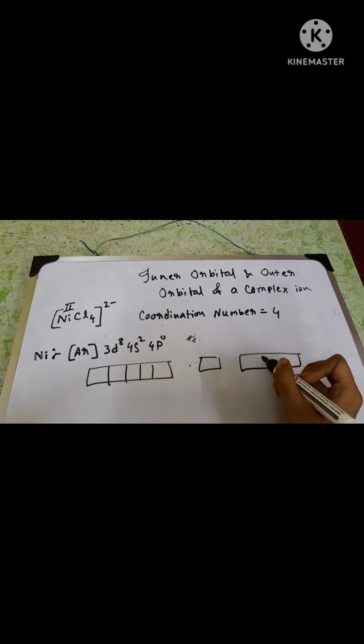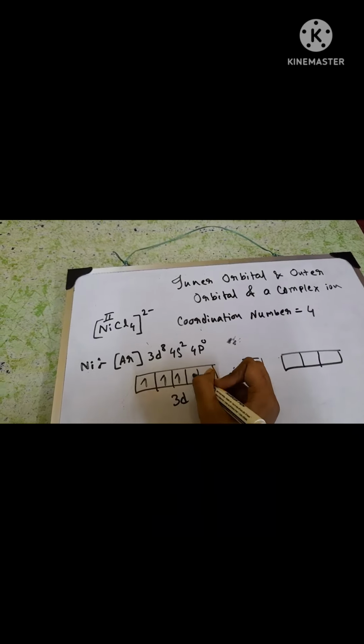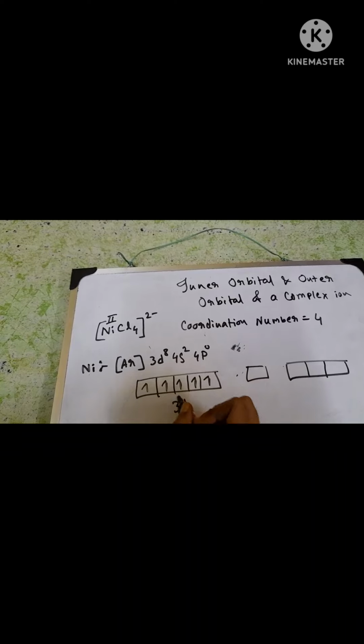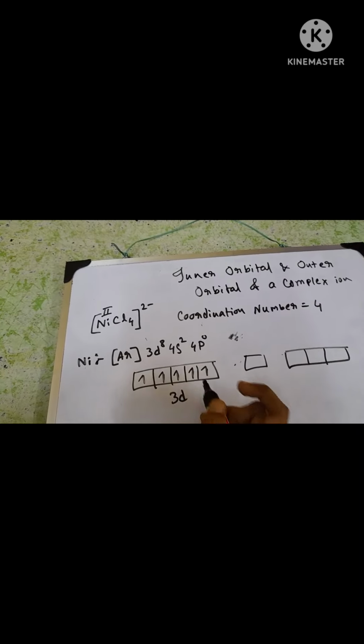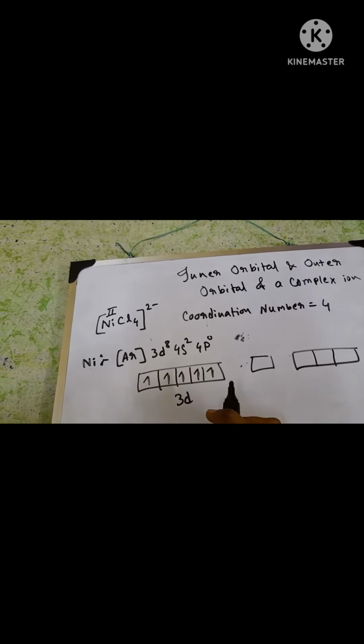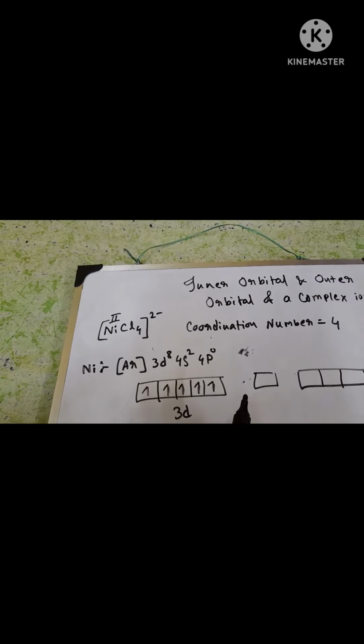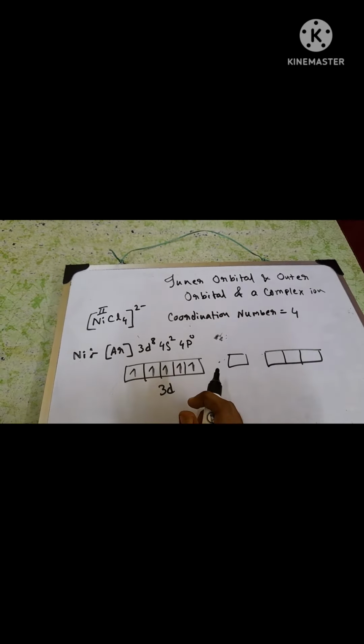Now I am writing the orbital structure. There are 8 electrons present in the 3d orbital of nickel, so first I am writing 8 electrons here. The d subshell contains 5 orbitals. Sorry for the background noise.